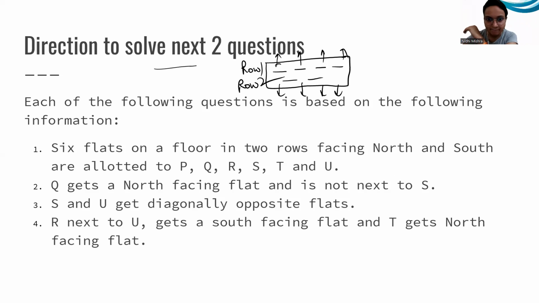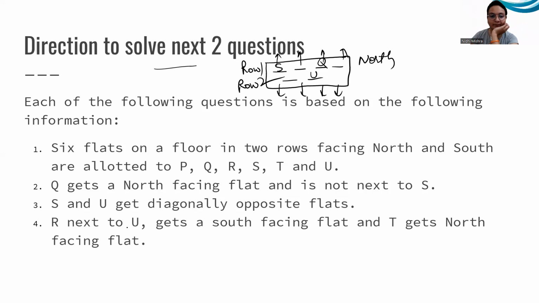If one is here, the other is diagonally opposite here. Q is a north facing flat which is not next to S, so Q can be here or here.